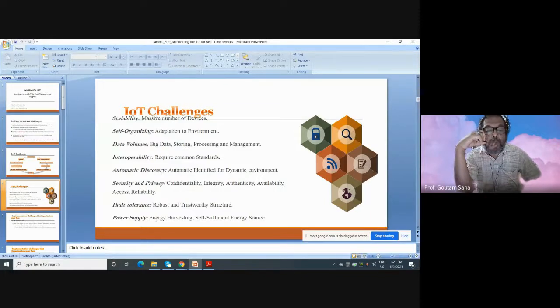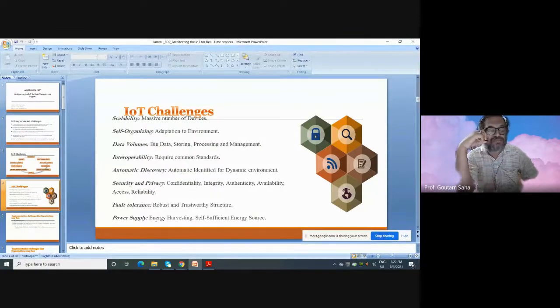So fault tolerance has to be there. Some important messages are passed from one place to another by hopping, and if one particular gateway in between is spoiled, the whole line will be disrupted. The whole communication chain will be disrupted. So fault tolerance is really a problem for IoT.